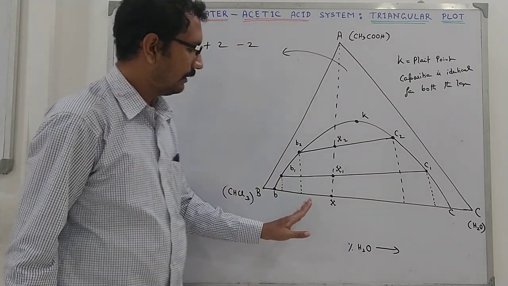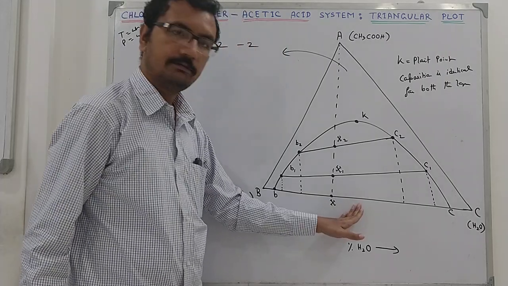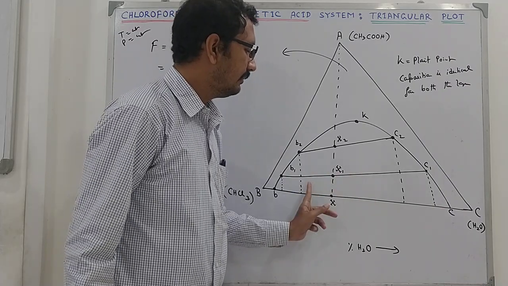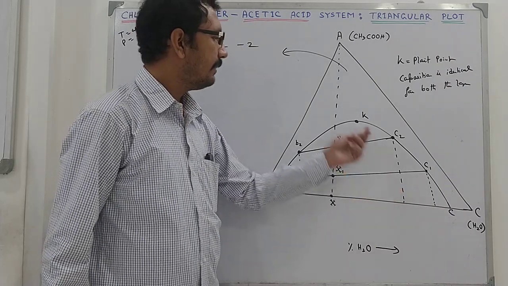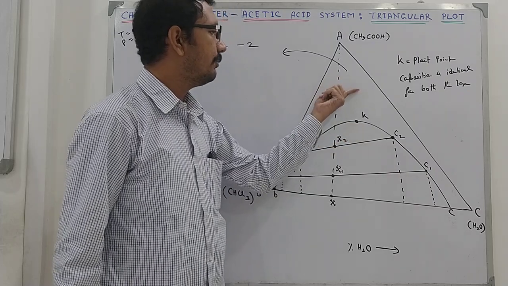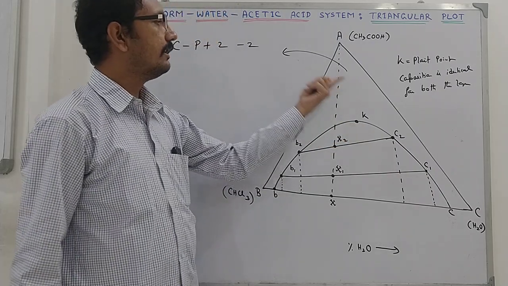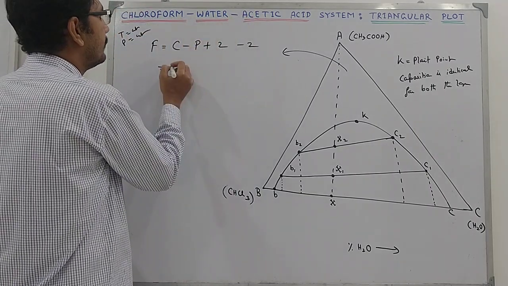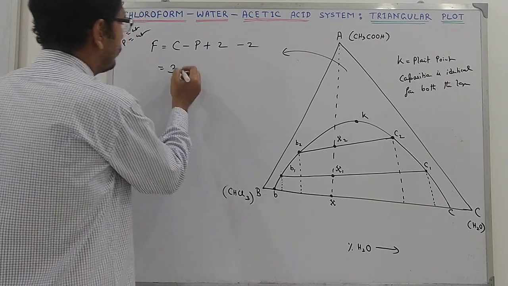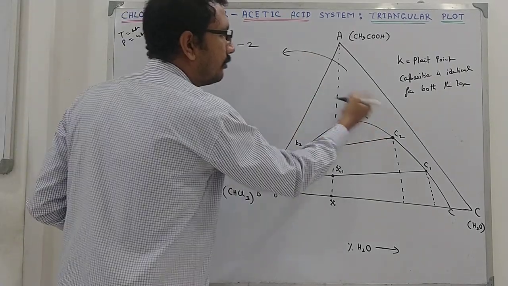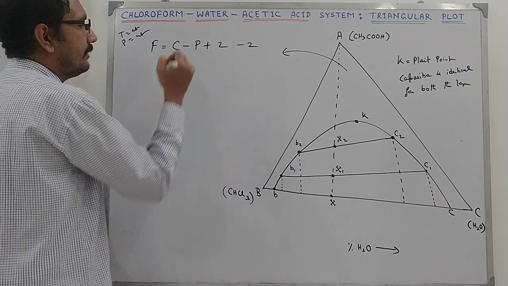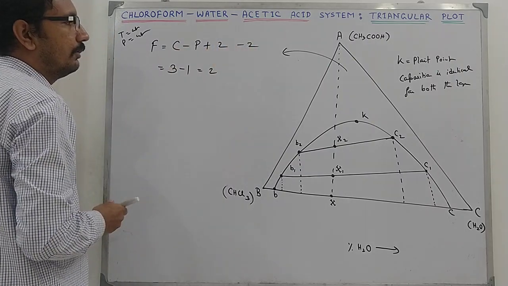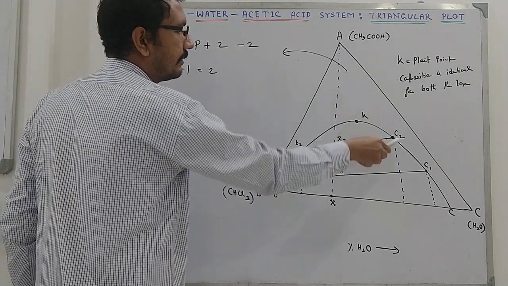See, this is a binary heterogeneous layer, but when we add acetic acid, it will give us a ternary heterogeneous layer. And when it crosses the plait point, that is in this domain, we will get a ternary homogeneous layer. So we have 3 components: chloroform, water and acetic acid. Now phase: we are in the homogeneous domain, so phase is 1, and this cancels out, so it is 2. So it is a bivariant system.